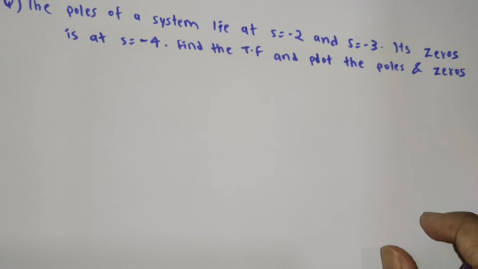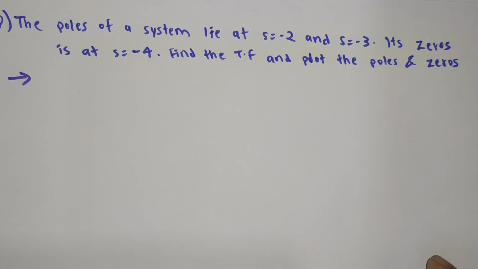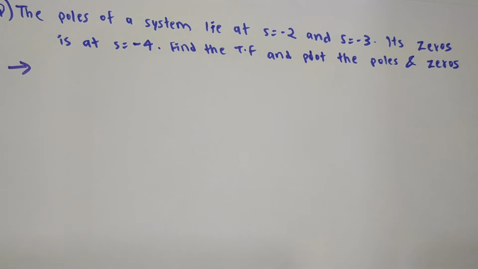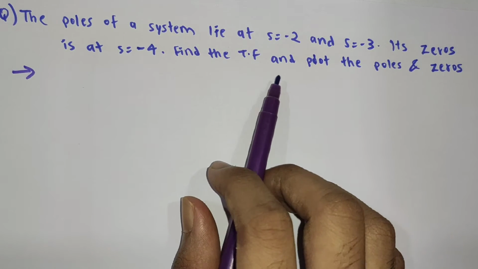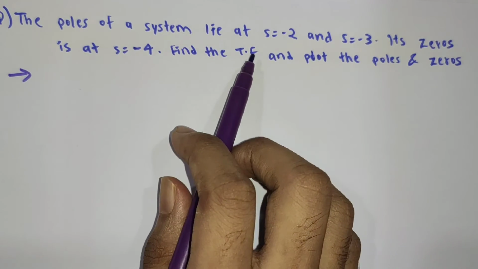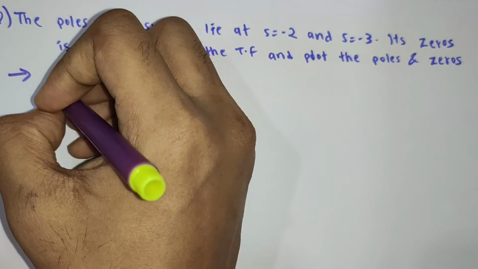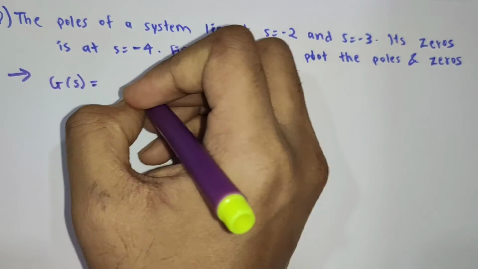The poles of a system, here they have already given the poles and the zeros, so we have to find the transfer function and we have to plot these poles and zeros. So the poles are given at s is equal to -2 and s is equal to -3. So let's write the transfer function.